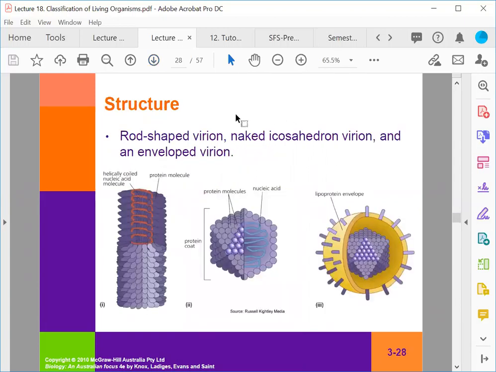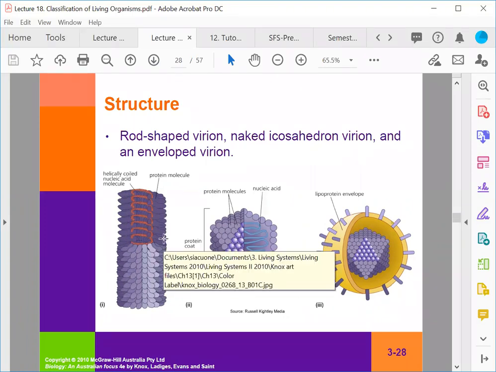All right, so just very quickly, viruses have quite a range of different structures. The three common ones are shown here. So we've got here a rod-shaped virus. When we're looking at the complete virus in this way, it's actually referred to as a virion.